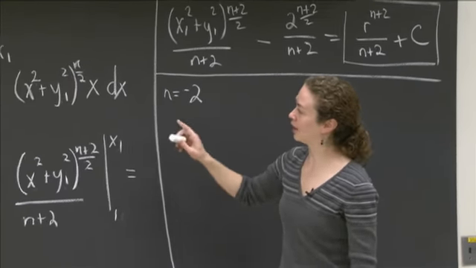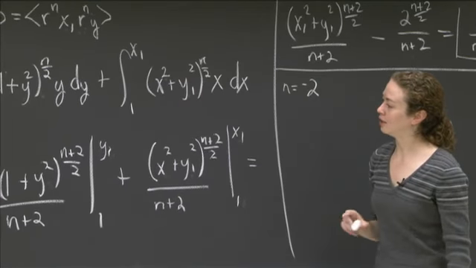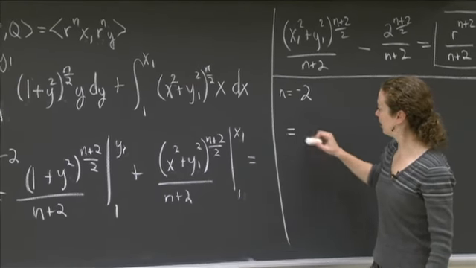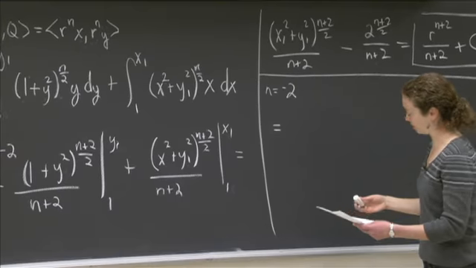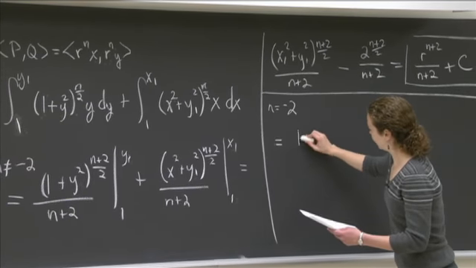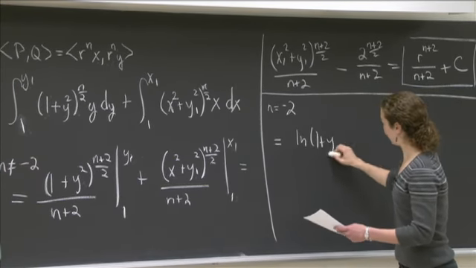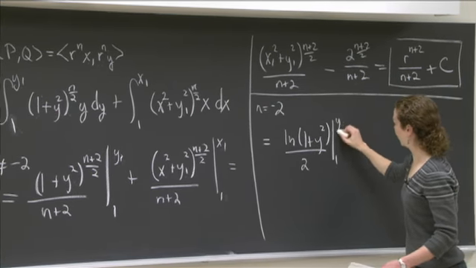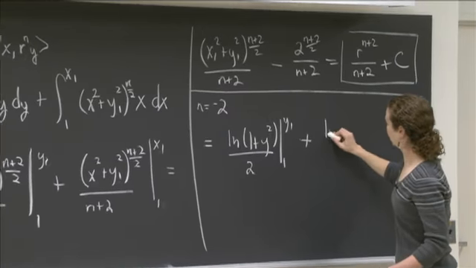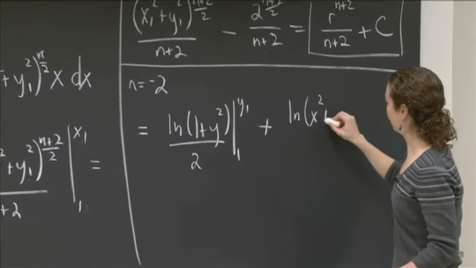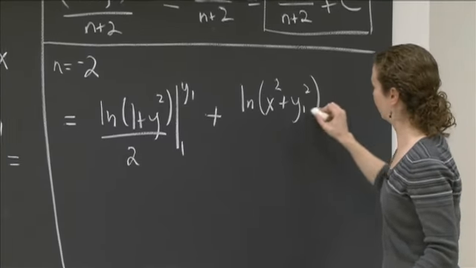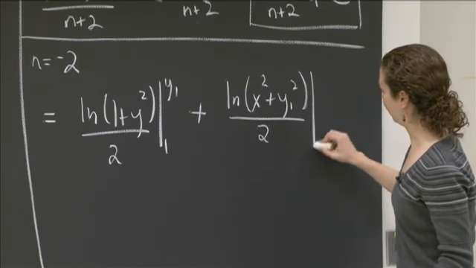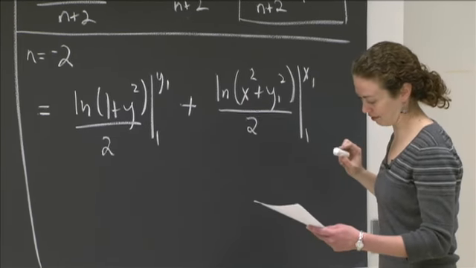Okay, so now I'm integrating this exact same thing in the n equal to negative 2 case. I'll just write down again what I get by the substitution. What I get is natural log of (1 + y^2) over 2, evaluated from 1 to y1, plus natural log of (x^2 + y1^2) over 2, evaluated from 1 to x1. Let me make sure I have that right.